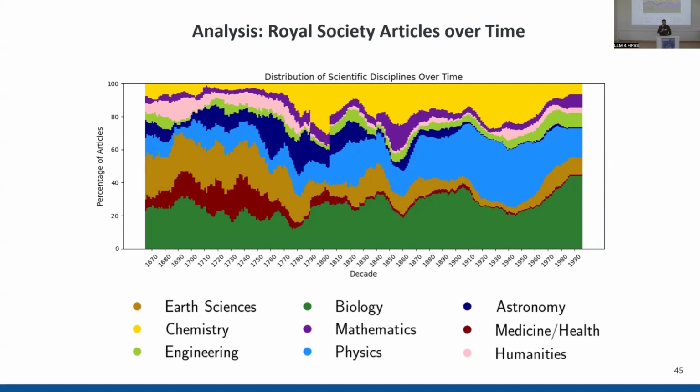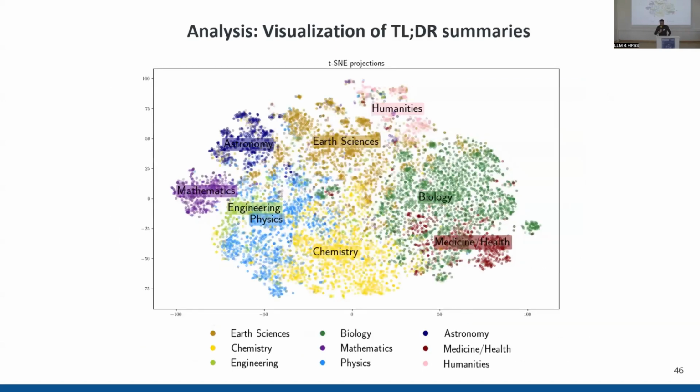And we see that from the 19th century and towards the 20th century, we have these 3 main pillars: biology, physics, and chemistry. And we also did a first analysis where we take the text from the summaries and do this projection, and we can see how the different disciplines are distributed in this space.